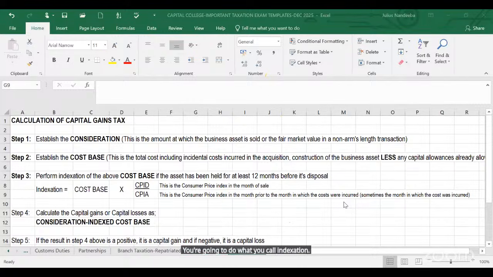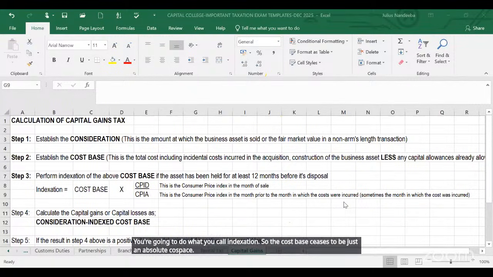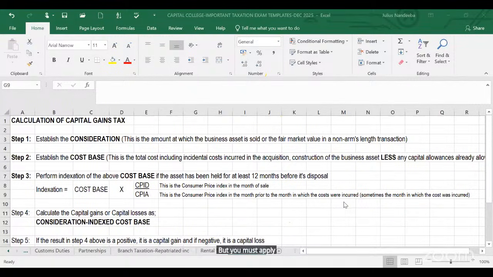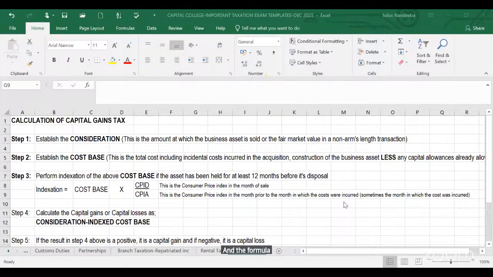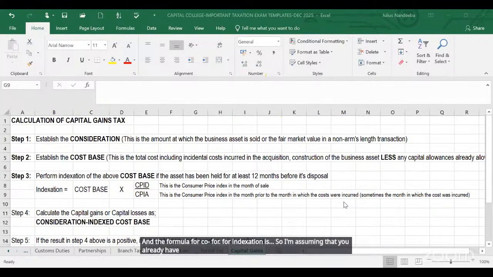So the cost base ceases to be just an absolute cost base, but you must apply indexation to ensure that you bring it closer to the consideration. And the formula for indexation is here. So I'm assuming that you already have the cost base, but you have remembered that you have been holding this asset for more than 12 months. So before you remove cost base from the consideration, you first index that cost base.